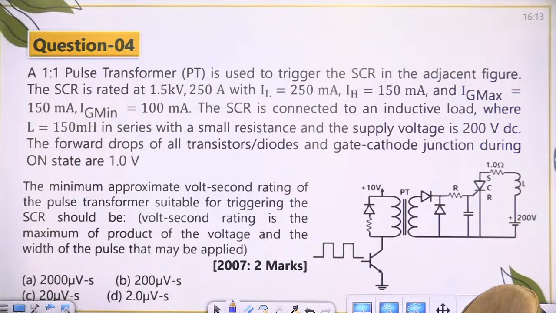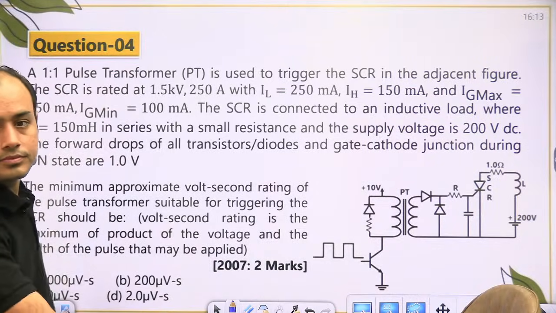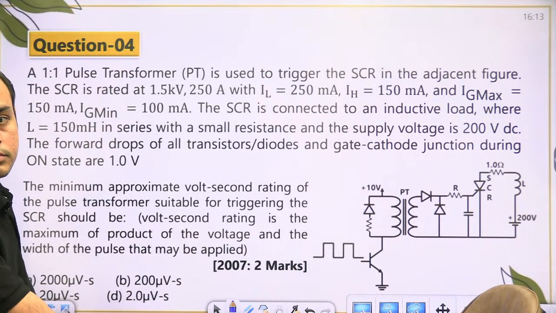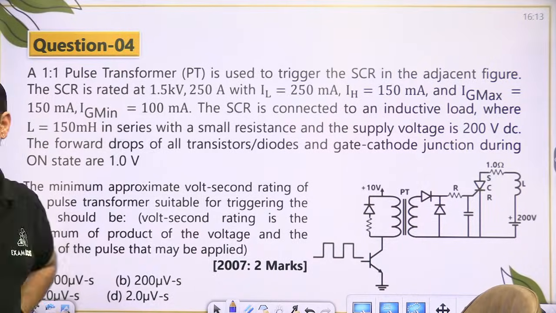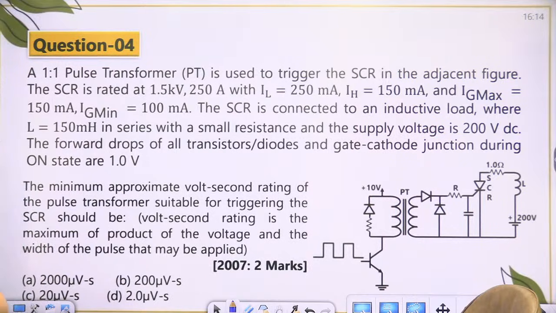What will you multiply the voltage by? The minimum pulse width. Do it. So try to find the minimum pulse width, beta, for this circuit.